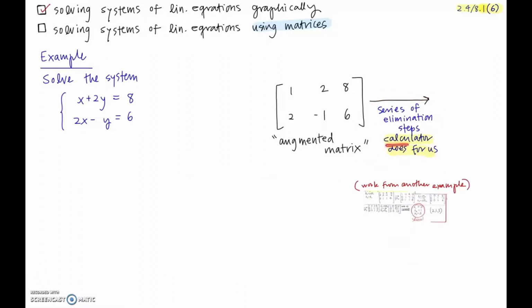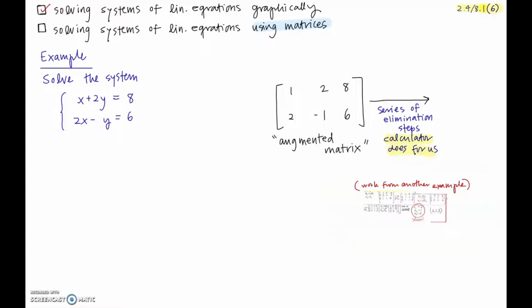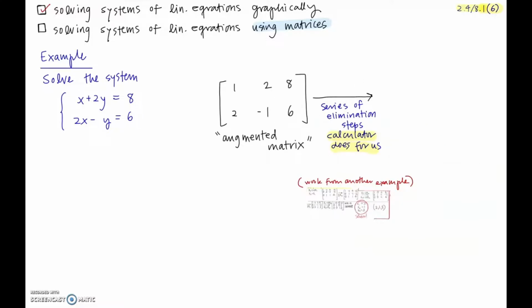So we're going to let the calculator do these elimination steps, and I'm putting this down here just to remind us that there's quite a bit of work going on in this one step that our calculator is doing for us. We ask the calculator to put this matrix in something called reduced row echelon form.